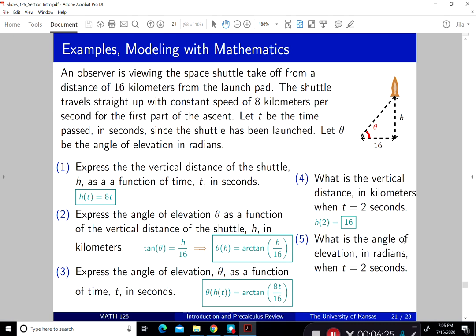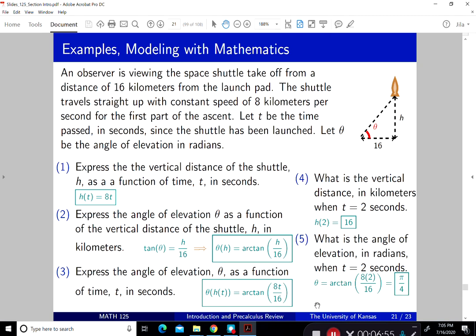The next question is, what is the angle of elevation in radians when t is equal to 2 seconds? I look, and the angle of elevation theta as a function of time is right here, so I can plug in 2 in here, and I get theta equal to arctan of 8 times 2 divided by 16.